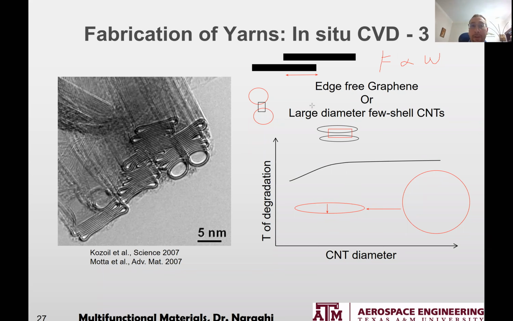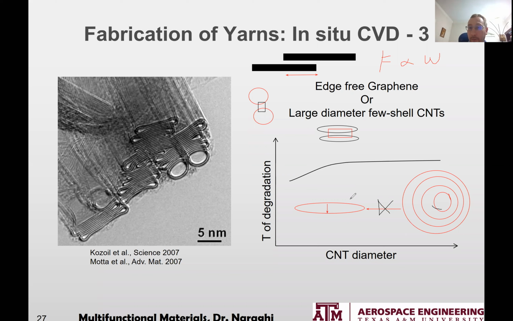However, if you have a multi-wall carbon nanotube, then the buckling, the collapse into this structure will become energetically unfavorable because bending these guys will be energetically unfavorable.